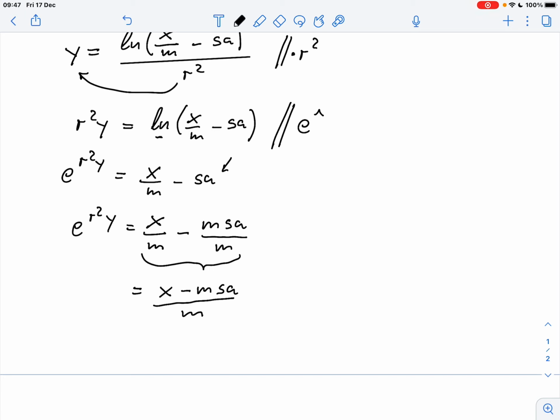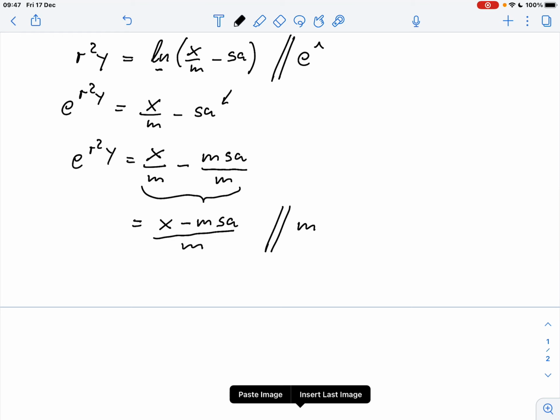And we are soon there. I just multiply both sides of the equation by m, so I get rid of the fraction here, and I end up with m times e to the power of r squared y equals x minus msa.